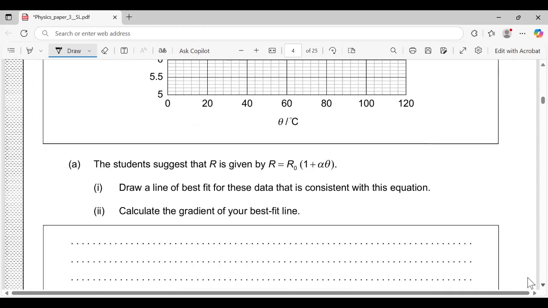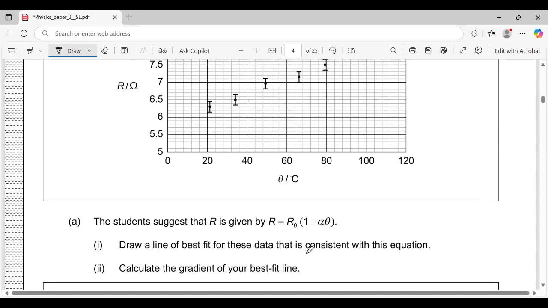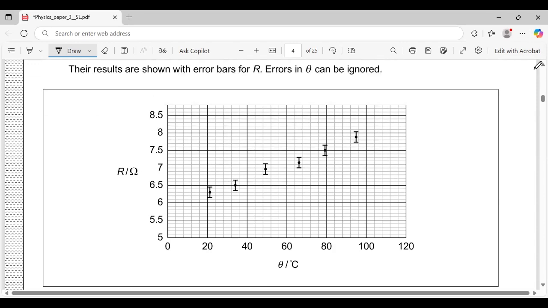Okay. Question. The student suggests that R is given by R equals R0 times (1 plus alpha theta). Draw a line of best fit for this data that is consistent with this equation. Consistent means a straight line.